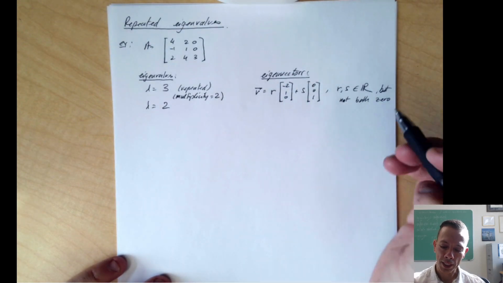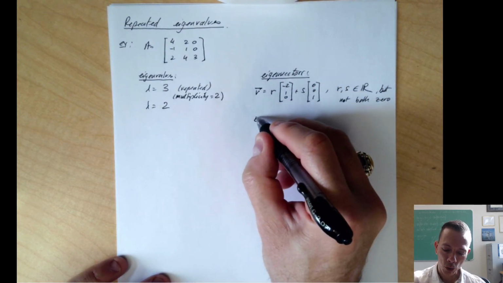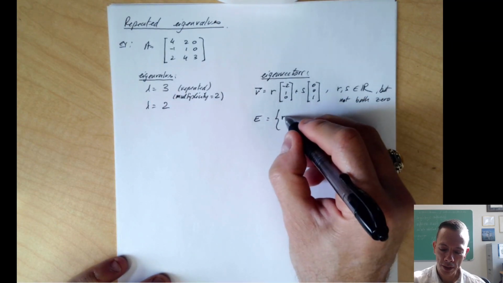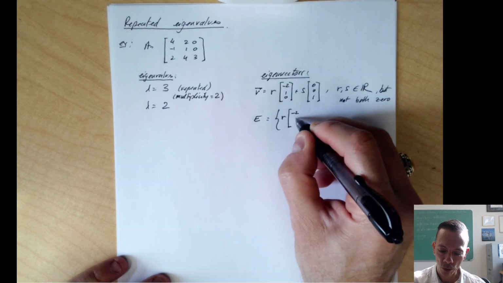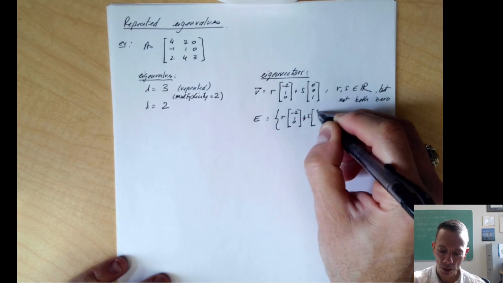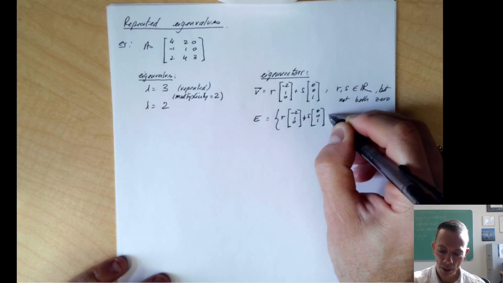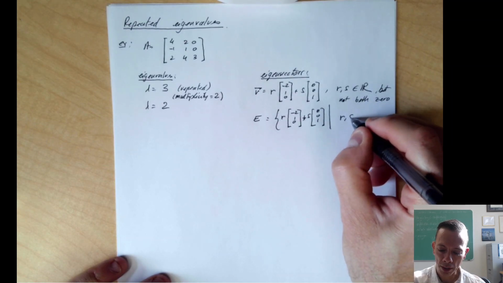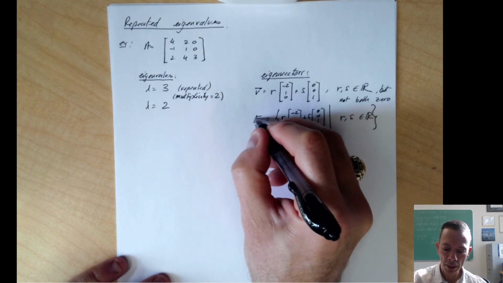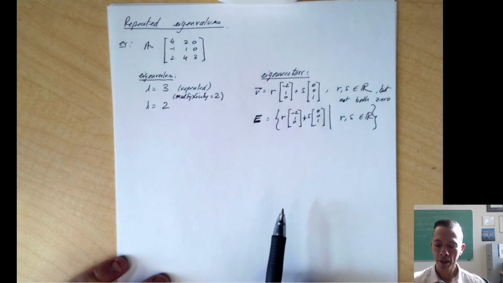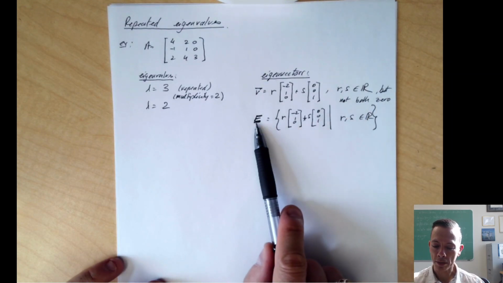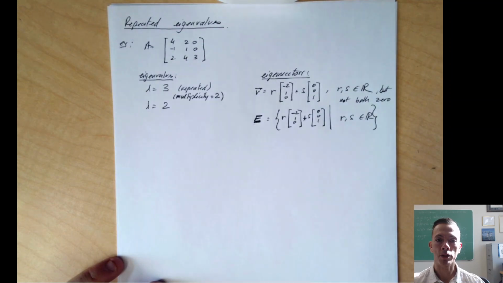In other words, the eigenspace associated with this eigenvalue of 3 can be written as all the vectors of the form R times negative 2, 1, 0 plus S times 0, 0, 1, such that R and S are real numbers. And E is a vector space. Again, here we do not need to specify that they're not both 0, because in the case of the eigenspace, we add in the vector 0 once again.